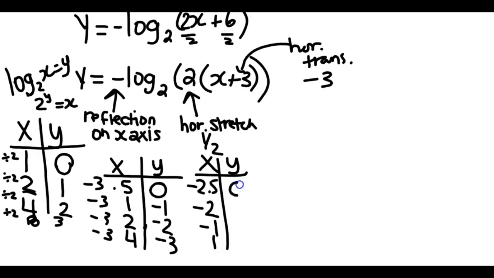And then our y's are still 0, minus 1, minus 2, and minus 3. And then all we would do is take those points and graph it and then answer the questions just like we did in example 1.